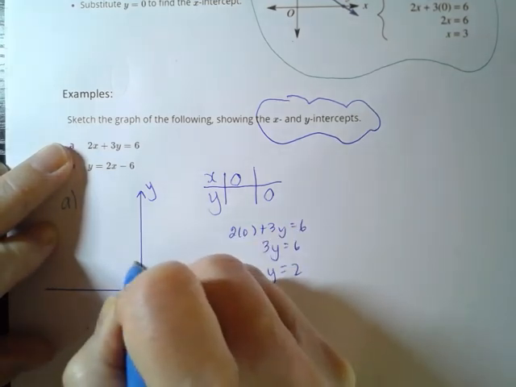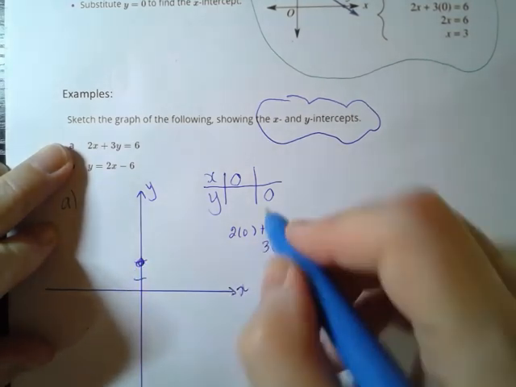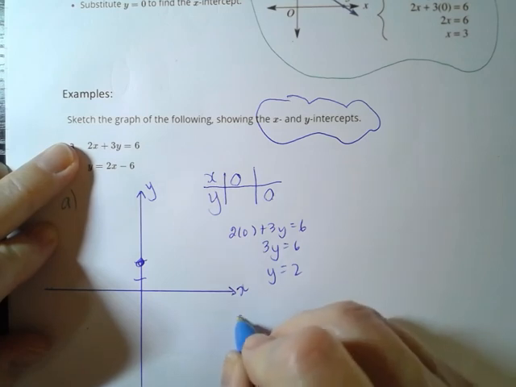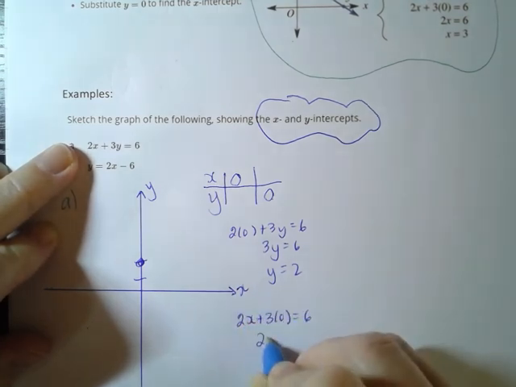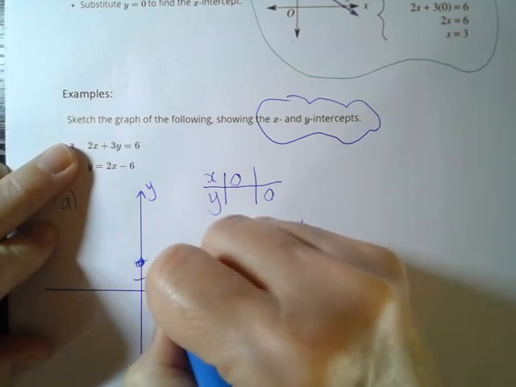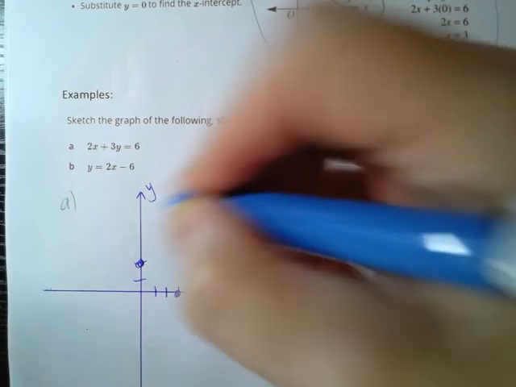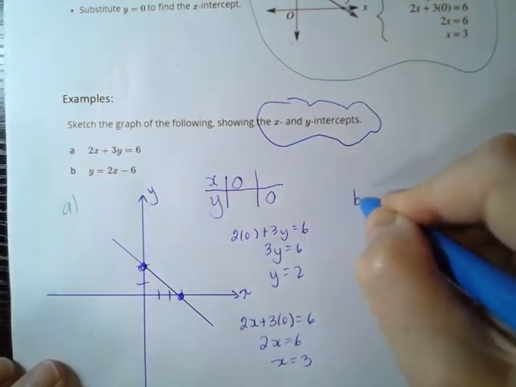And I put 2 on the y-axis. And then for the x-intercept, I put 0 for y. So I get 2x plus 3 times 0 equals 6, or 2x equals 6, or x equals 3. And I put that, and I have my 2 points now, and I can graph the line. So that's a super easy way to graph.